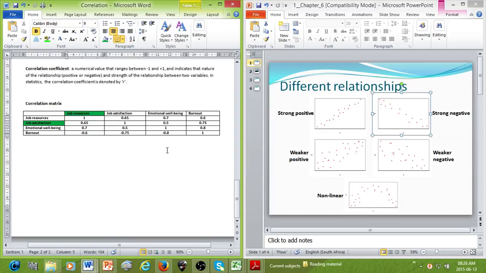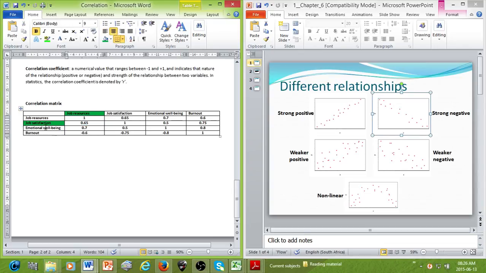I haven't read a lot of articles, but I have not come across correlation coefficients higher than 0.5 on a lot of occasions. But over here we're using examples. In this example, I must say this information I just typed in, I didn't get it out of an actual article. In any case, in this example, the correlation between job resources and job satisfaction is 0.65.